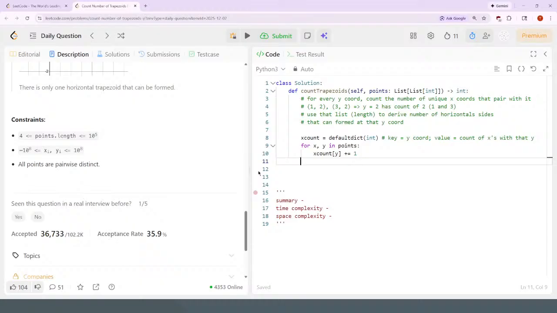And then I go through and find the side counts.